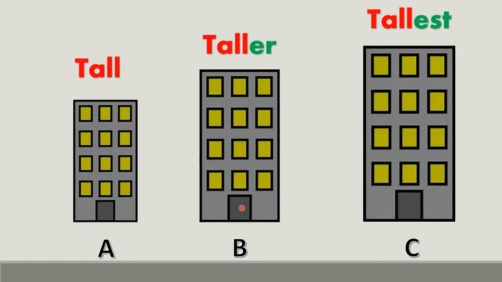This building is B and this is taller than building A. Now see another building, C. This is the tallest building compared to A and B. It means building C is the tallest among all.